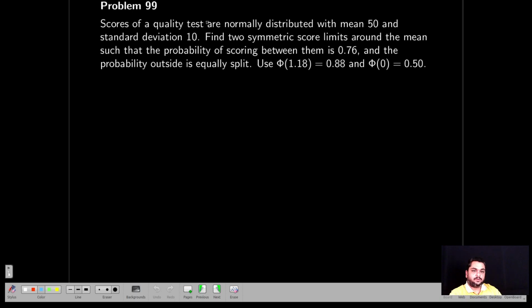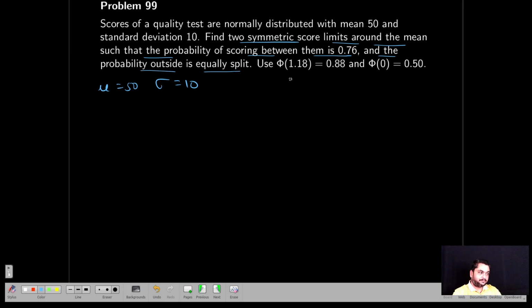Next, scores of quality tests are normally distributed with mean 50 and standard deviation 10. Find two symmetric score limits around the mean such that the probability of scoring between them is 0.76 and the probability outside is equally split.